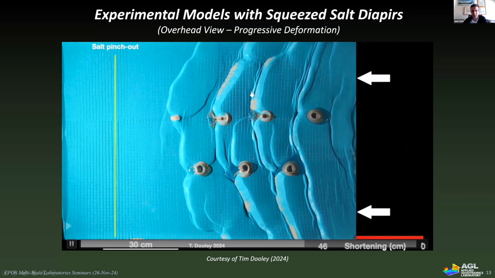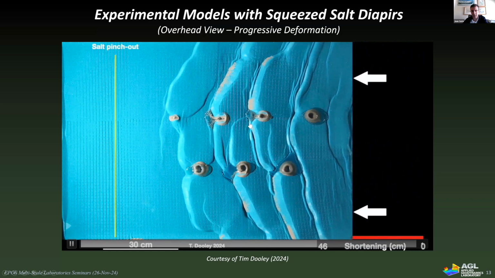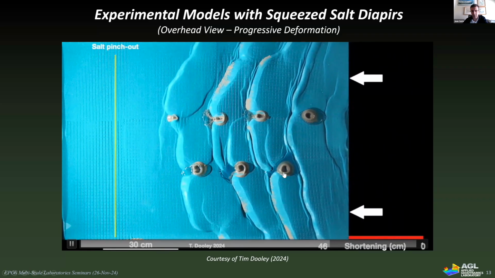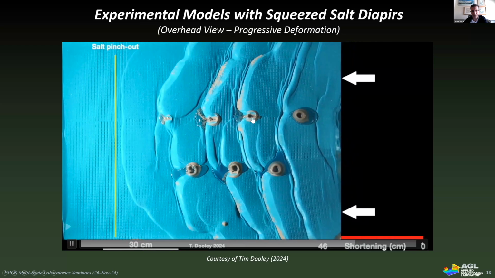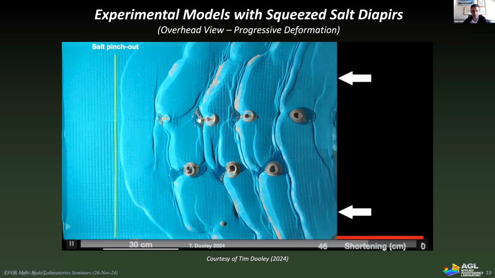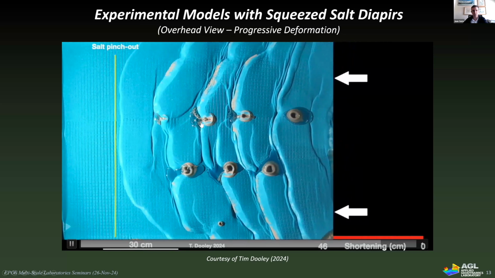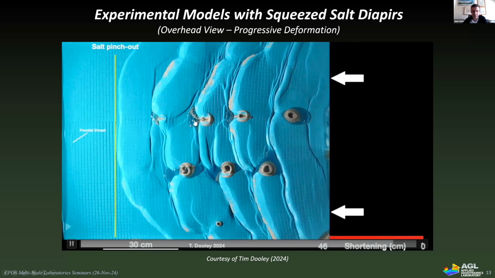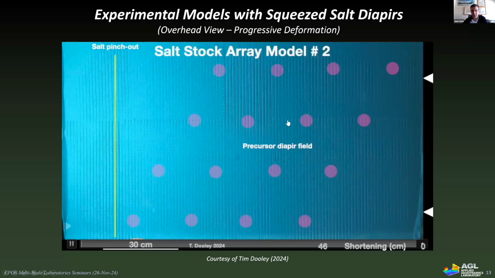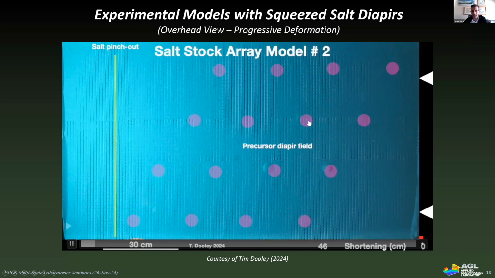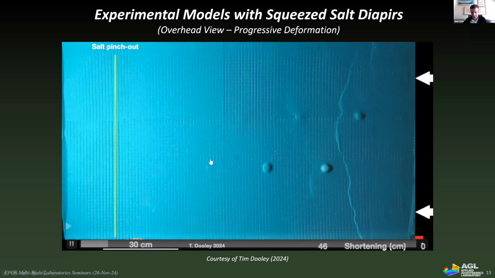And also look at how we have salients and reentrants on the thrust due to the occurrence of the salt diapirs, or how some of the salt diapirs are producing extrusive flows and allochthonous structures on top. And we can also interpret that most of the diapirs are deformed and translated toward the left.